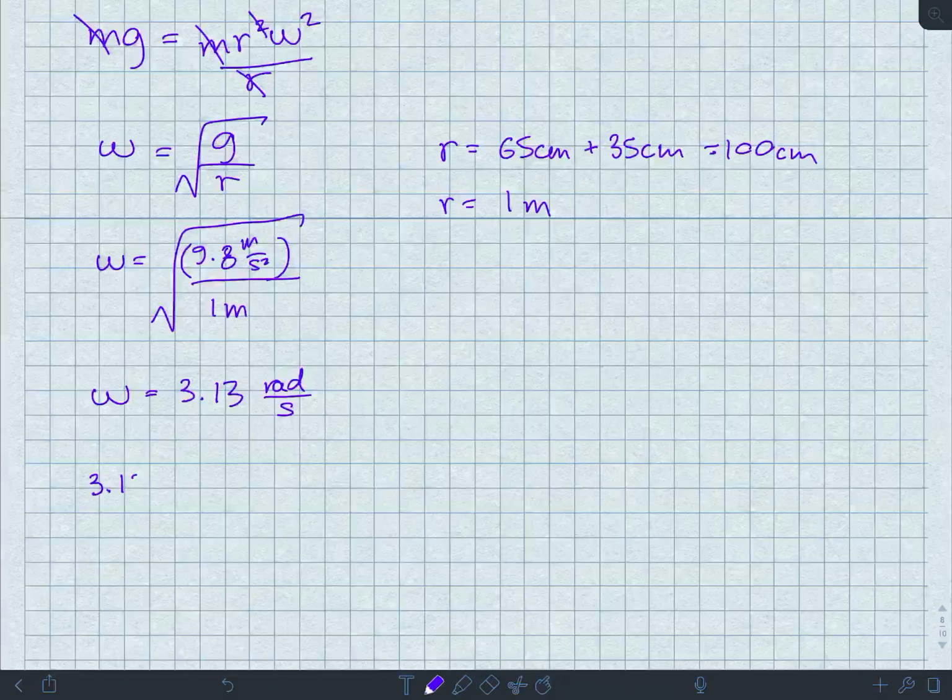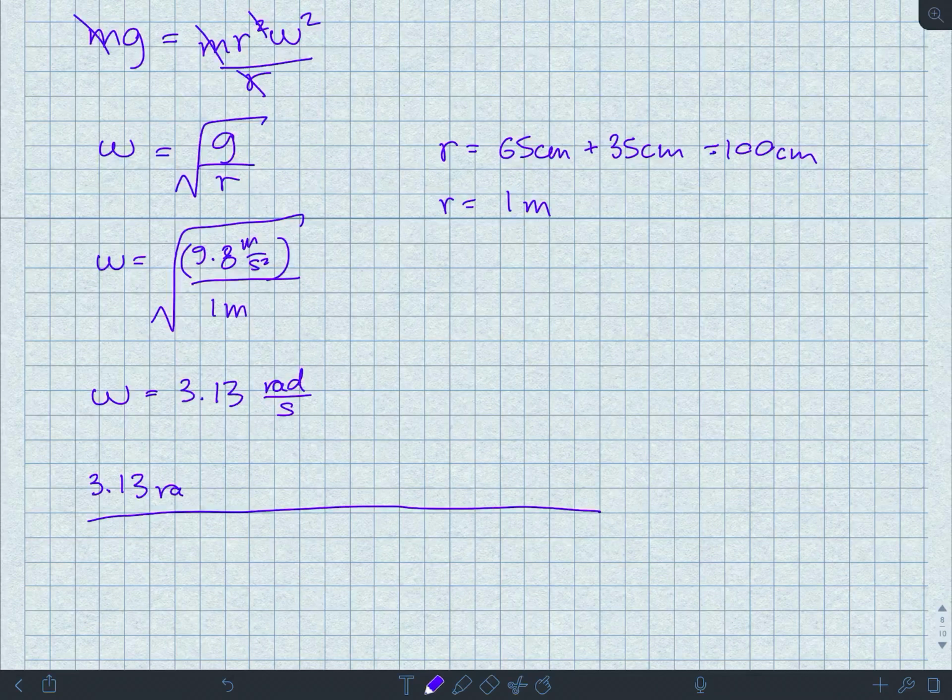So we're going to start with what we know. We have radians per second. We don't want radians, so we're going to put radians on the bottom in the next spot. And from radians we can go to revolutions. We know that 1 revolution is the same as 2 pi radians. That gets rid of our radians, and now we are at revolutions per second.